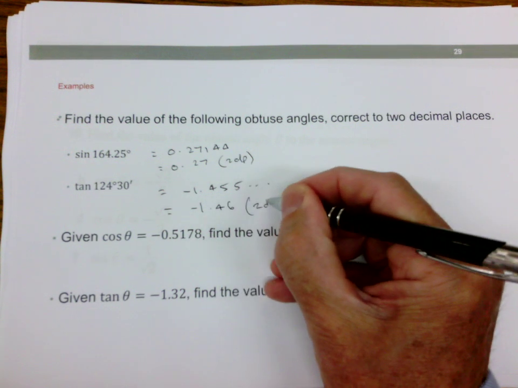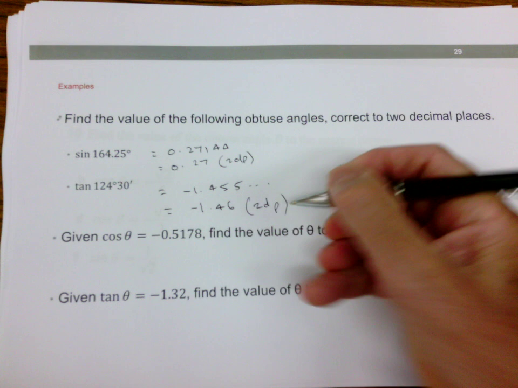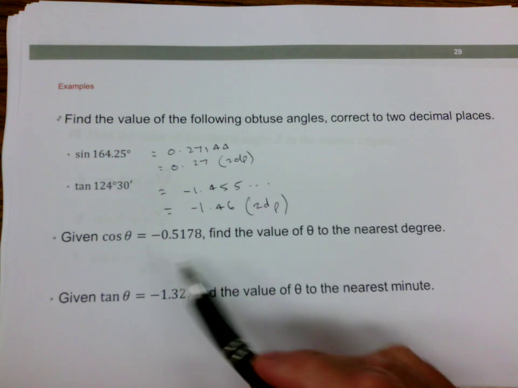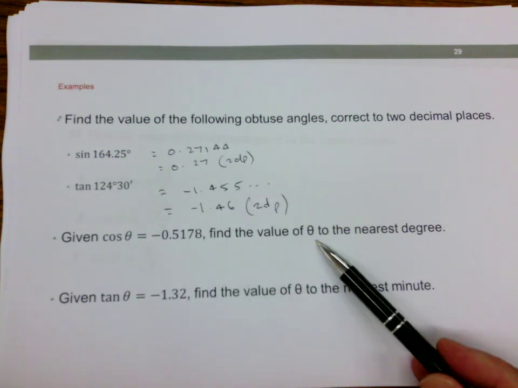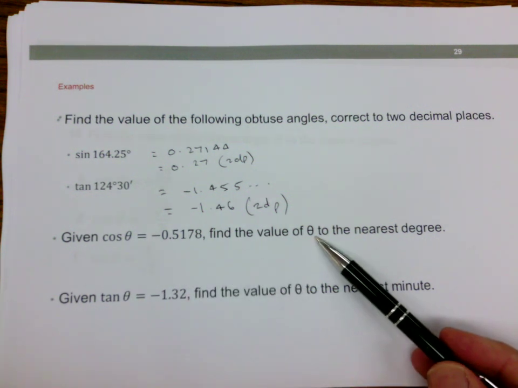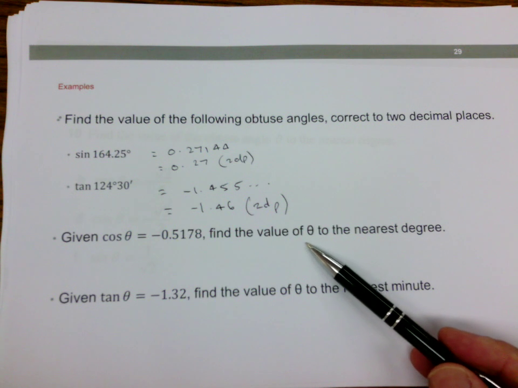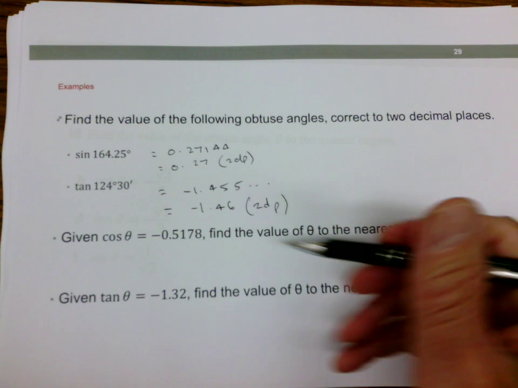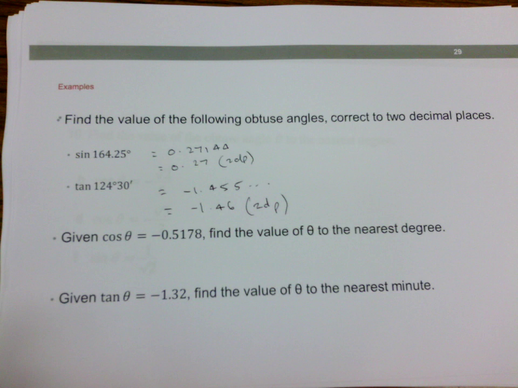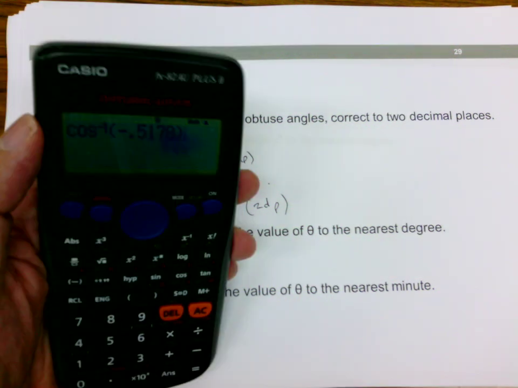Now, the next one says, given cos theta equals this, find the value of theta. We are finding an angle, so you would remember that if you're finding an angle, you press shift. On Abacus calculators, it's second function. So I'm going to press second function or shift cos minus 0.5178, close the bracket, so that's what I've typed in.